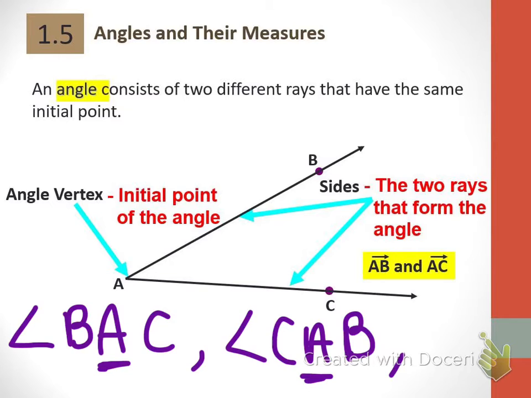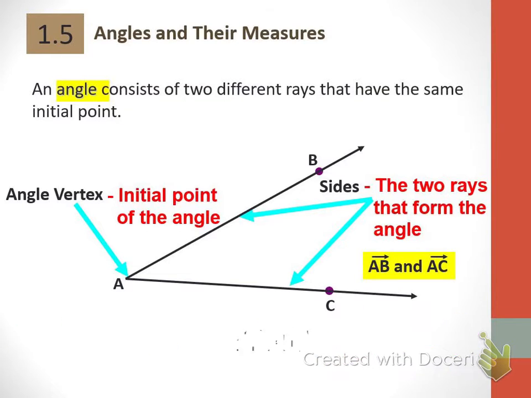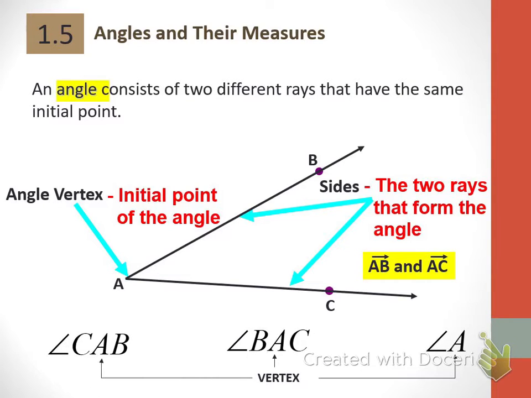And there's one more way to name it. You can name it solely with the vertex. You could say angle A. So the vertex will always have to be in the center, and that's why we couldn't name it that way. So it's BAC, CAB, and angle A. The vertex is either in the center or it's the only thing you name the angle.